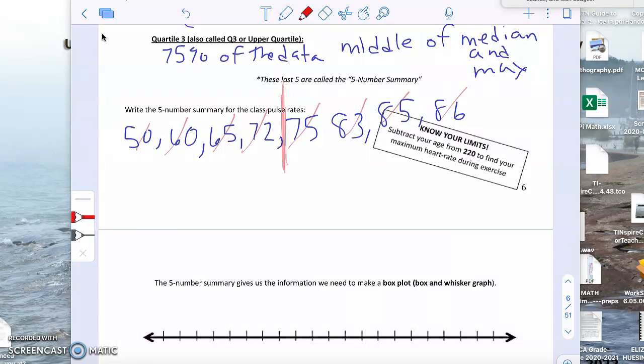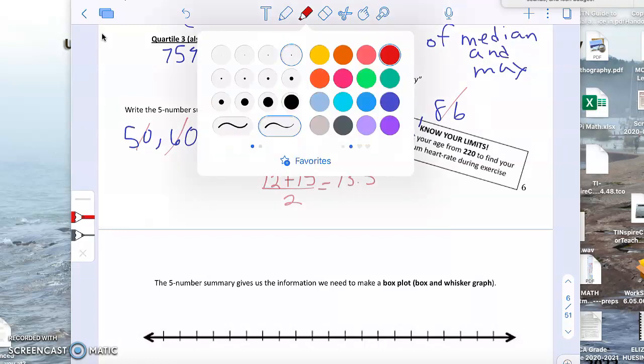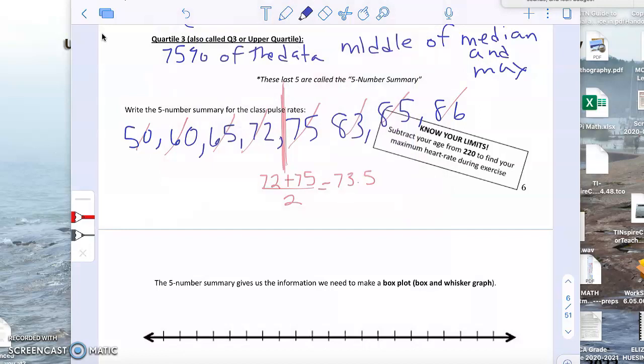So we have to find the average. So we do 72 plus 75 divided by 2. So we have 147 divided by 2, so we have 73.5. And then it's the middle of our bottom half. So I'm going to grab a different color here.